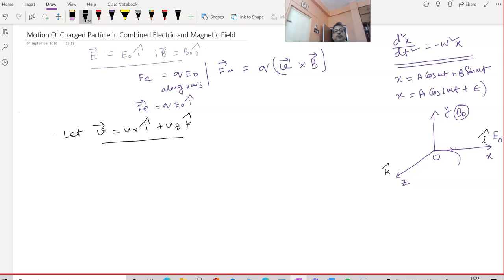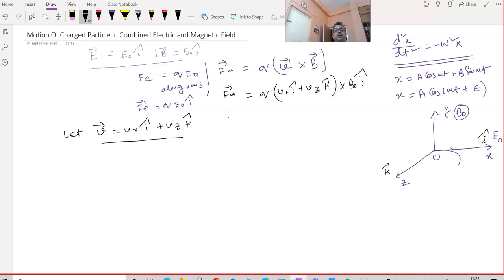So magnetic Lorentz force at any instant, if we want to find, we can write this v as vx i plus vz k cross B0 j.